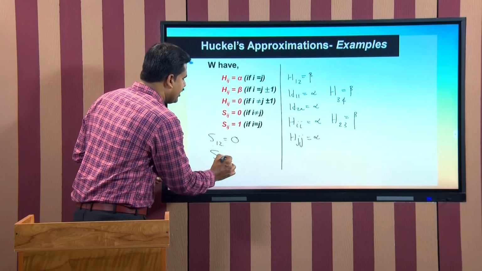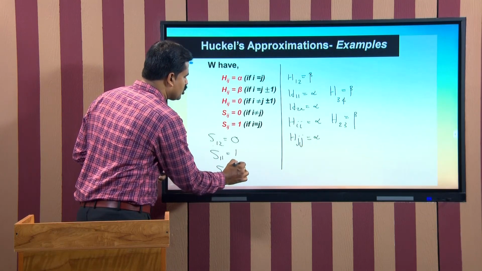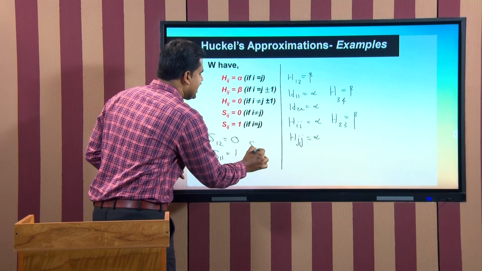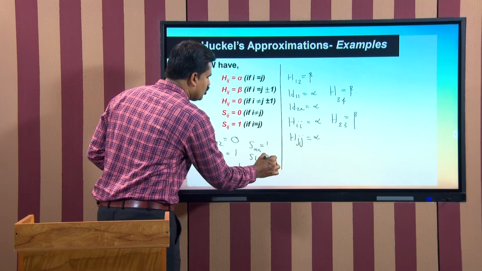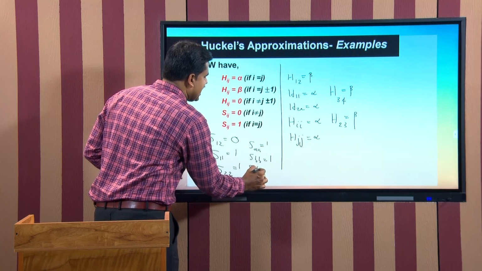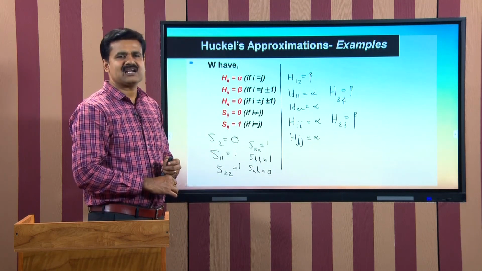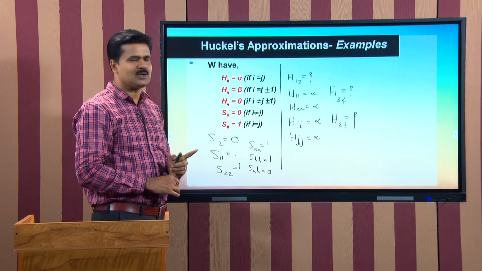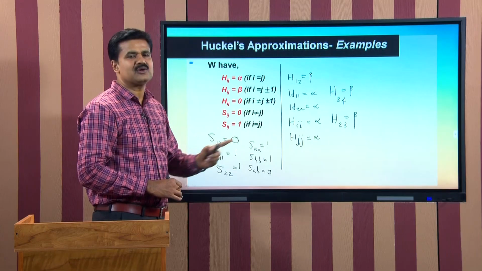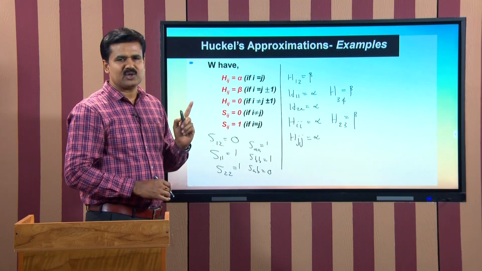But S11 equal to 1, S22 equal to 1, SAA equal to 1, SBB equal to 1, but SAB equal to 0. All these are based on Huckel's approximations where Sij equal to 0 if i not equal to j, and Sij equal to 1 if i is equal to j.